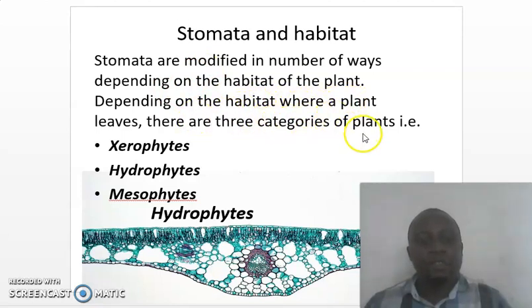Now, depending on the habitat of the plant, there are three categories of plants. That is, if your guess was xerophyte, for plants that grow in arid or semi-arid areas, or areas that don't receive ample rainfall, then you are right. Okay? So, there are three categories of plants depending on the habitat. We have xerophytes.